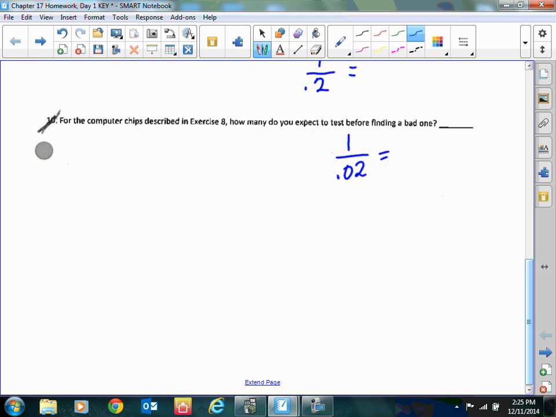And so that means you're going to find the bad one on the 50th. Be careful on the wording. If they say, how many good ones are there going to be? There's 49 good ones. The 50th one is the bad one, on average. Okay? All right. Very good.